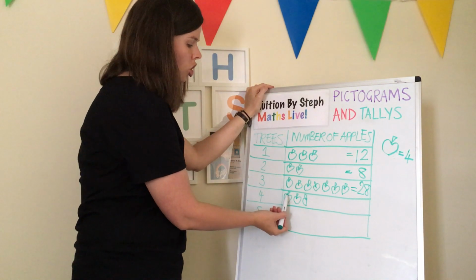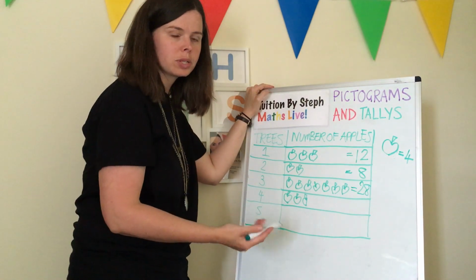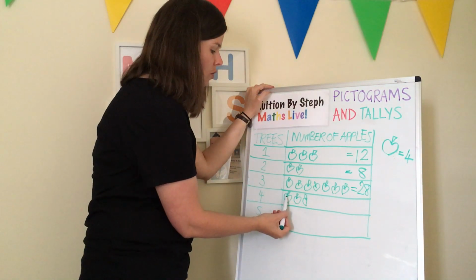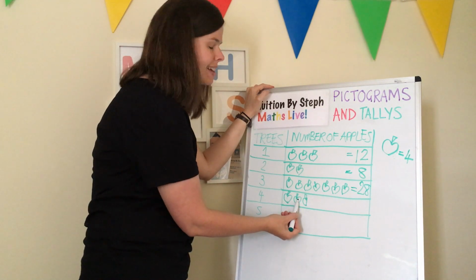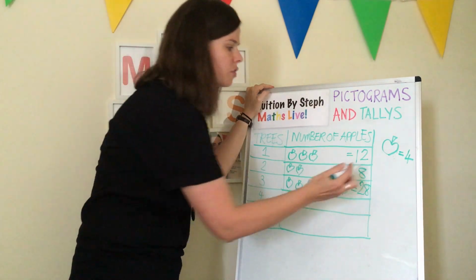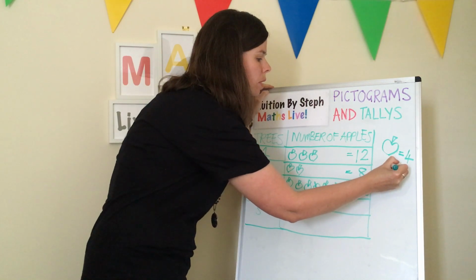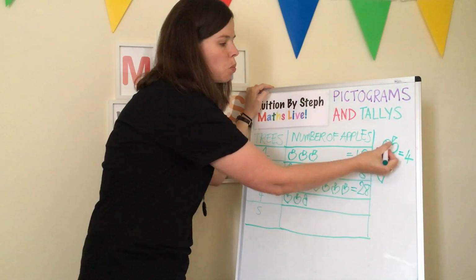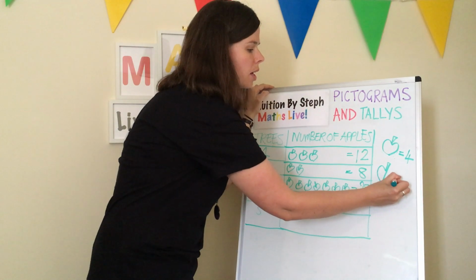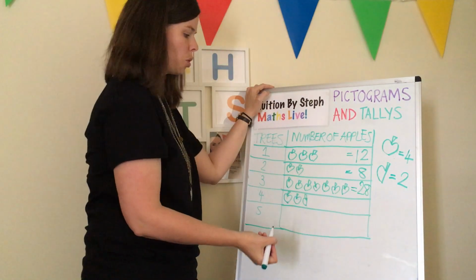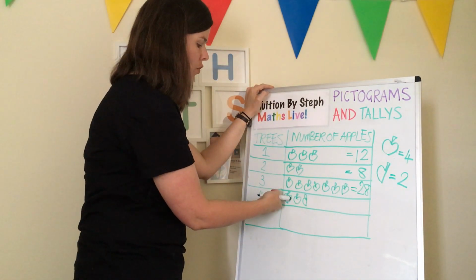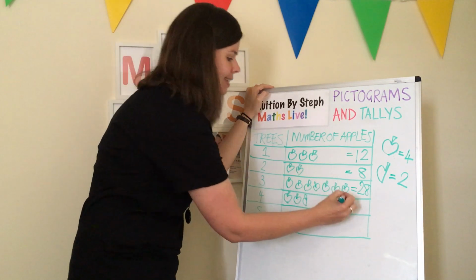So if I've got 2.5 apples, that means I've got 4, 8, and then what's half of 4? What would half an apple represent? So what's half of 4? That would be 2. So in this tree, I've got 4, 8, 10.